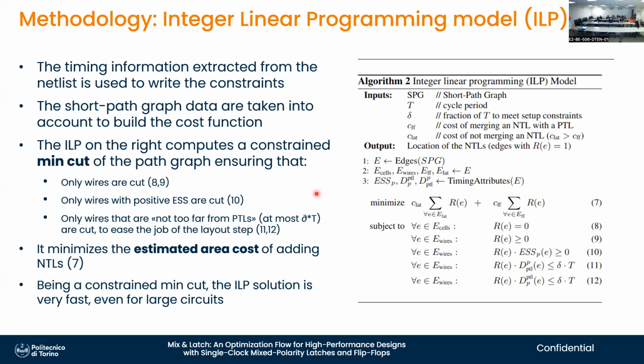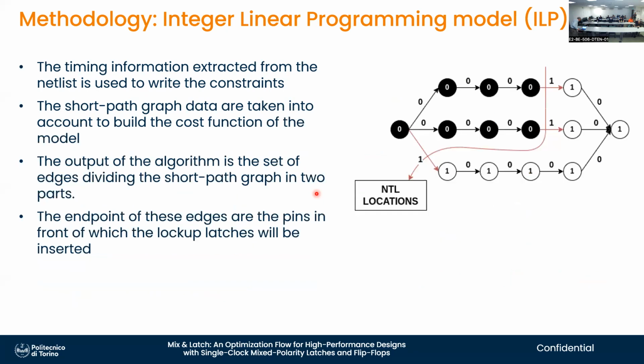As a result, the structure of the ILP is such that the ILP solver can converge fairly quickly to a solution in a time that is like 1,000th of the duration of the layout phase, a few seconds or even a few minutes, as opposed to hours for complex circuits. Even for large circuits, we tried it on circuits that are entire microprocessors, for example. So this is the result. We have the position for the latches, which cuts all the paths and minimizes the area cost.